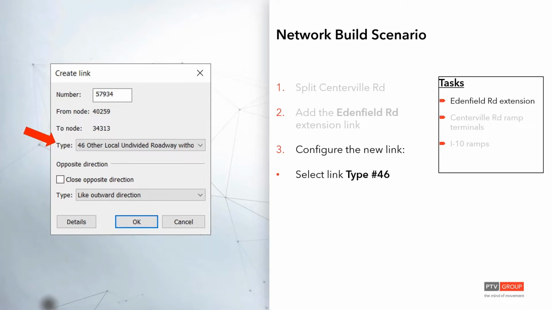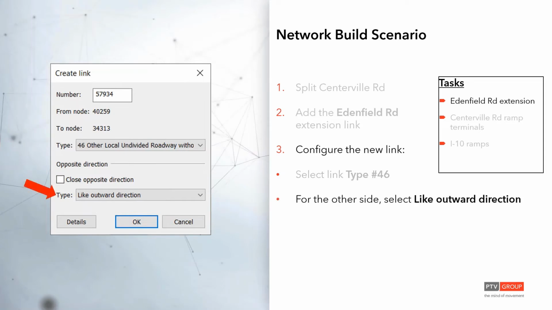So for our southbound roadway, it's going to be link type number 46. Since this link is going to be the same in both directions, we can just leave the lower type on outward direction. This will just copy over the link type that we selected up above, so you don't have to go find it again.